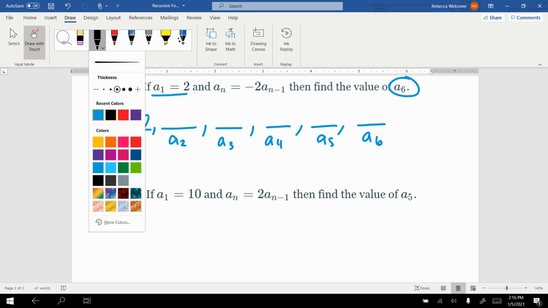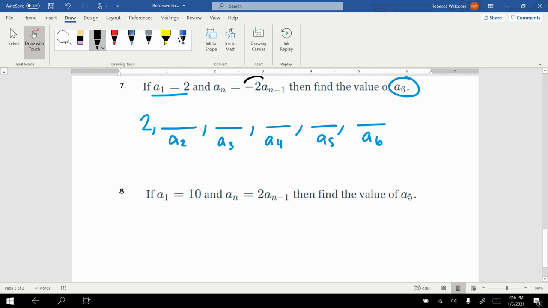My ratio here is negative 2. So that means I need to multiply by negative 2 every single time. So 2 times negative 2 is negative 4, times negative 2 is 8, and then I'm going to keep going. 8 times negative 2 is negative 16.